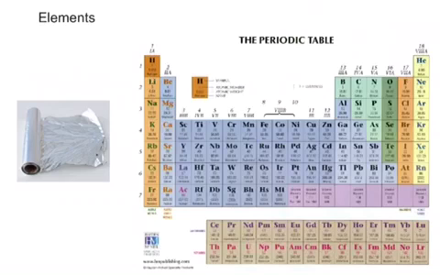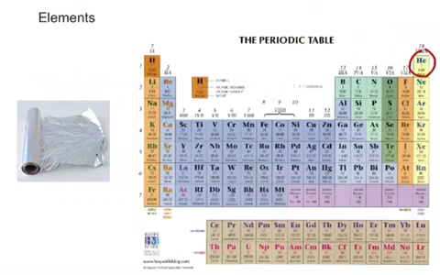Finally, in this tutorial, let's take a brief look at elements. Elements are substances that are made up of just one kind of atom. That is, they're a pure substance. So, for example, helium is only made up of helium atoms. Let's have a look at aluminium.